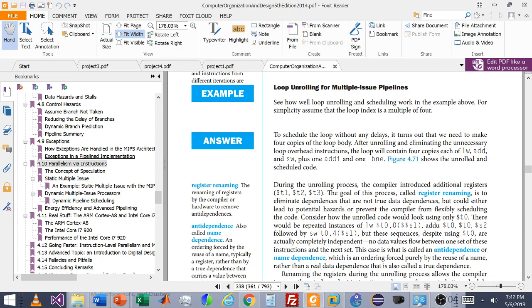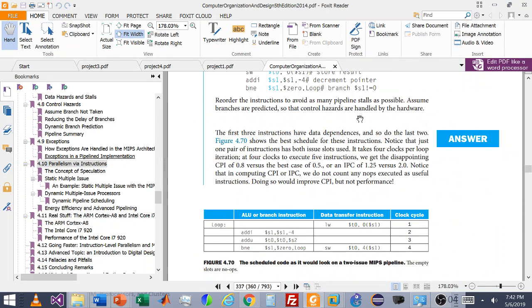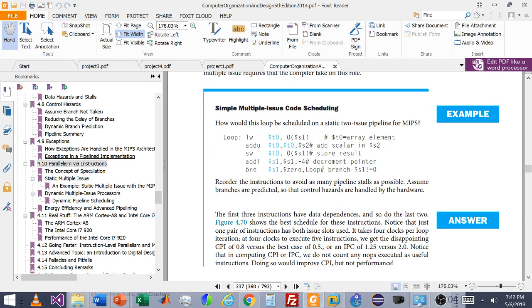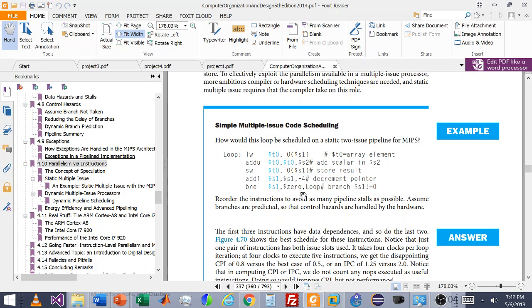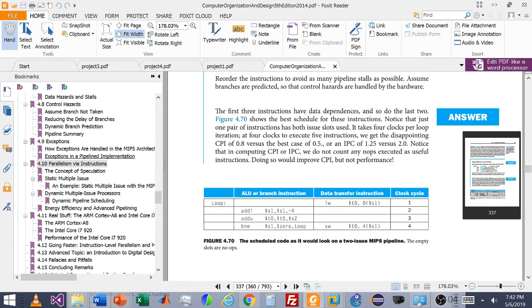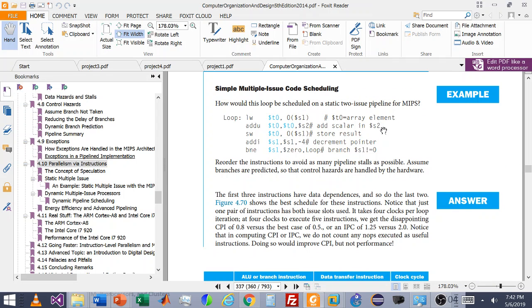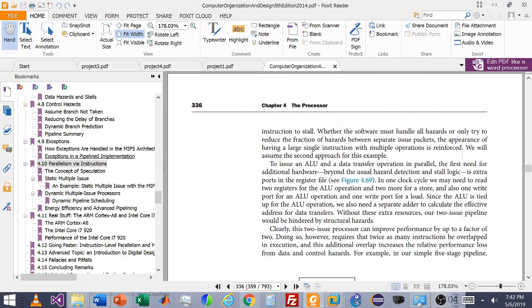So if you have a loop such as this one right here, we can unroll it, and you can find different parts to it, like data transfer parts and ALU parts, and accomplish them simultaneously if you have a multiple issue processor. And so there's a couple ways to deal with this, right? Let me see if the book talks about it here. Yeah, it does.